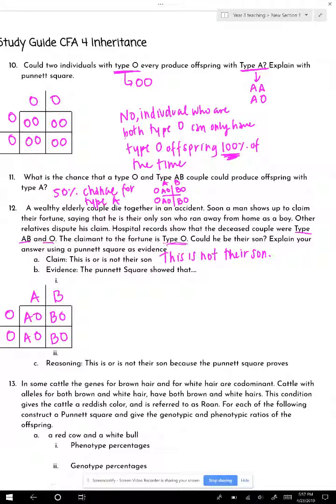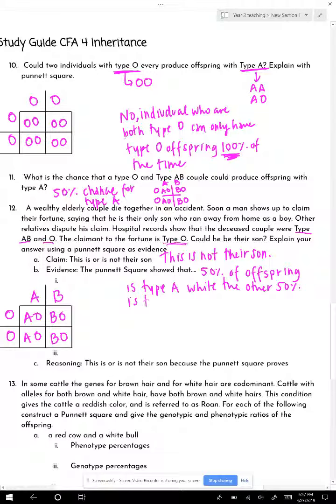The Punnett square showed that 50% of offspring is type A, while the other 50% is type B, right?